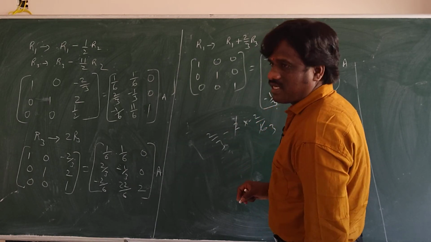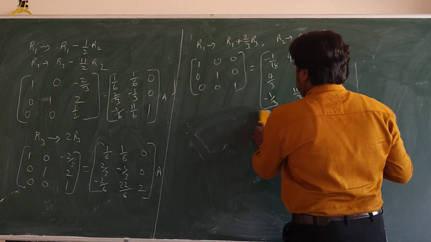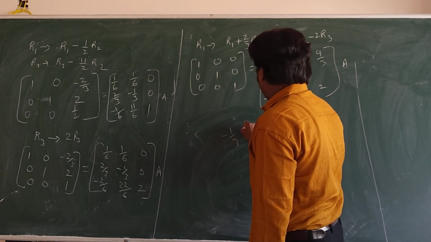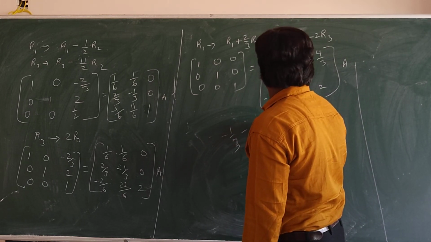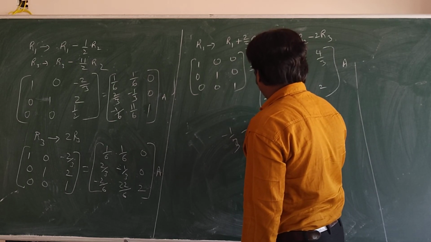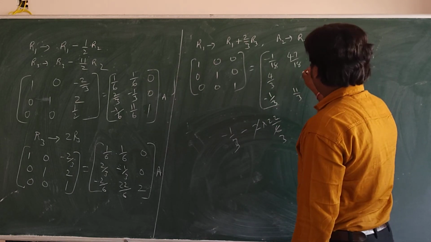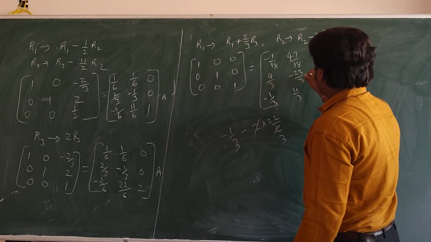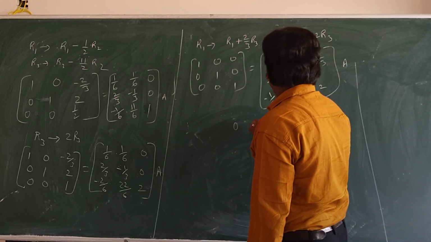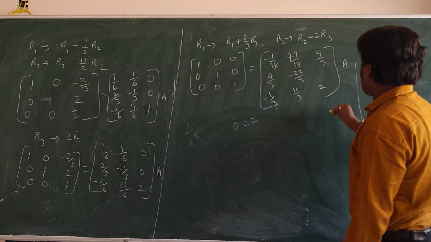So plus 4 by 3. Next one, minus 1 by 3 minus 2 into 22 by 6. This is getting easy. Minus 23 by 3. Next one, 0 minus 2 into 2. 4.